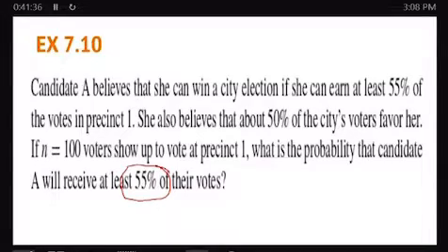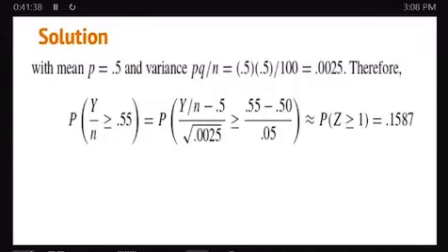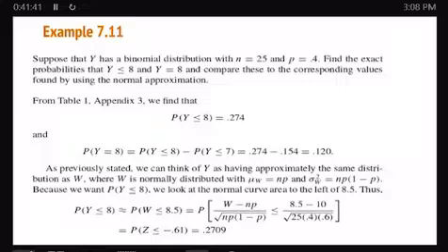In this example, take a look at this. Suppose y is a binomial with n equal to that, p equal to that. Find the exact probability of y less or equal to 8. If you look at 8, and y equal to 8, if you use the binomial formula or the binomial table, this is the result.